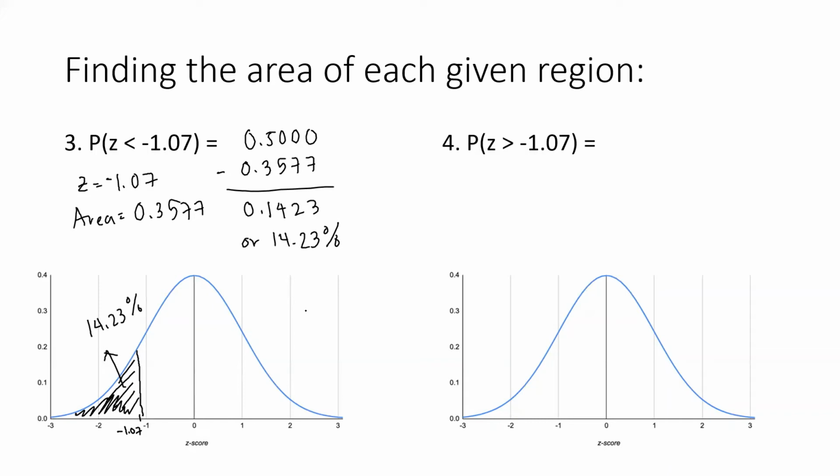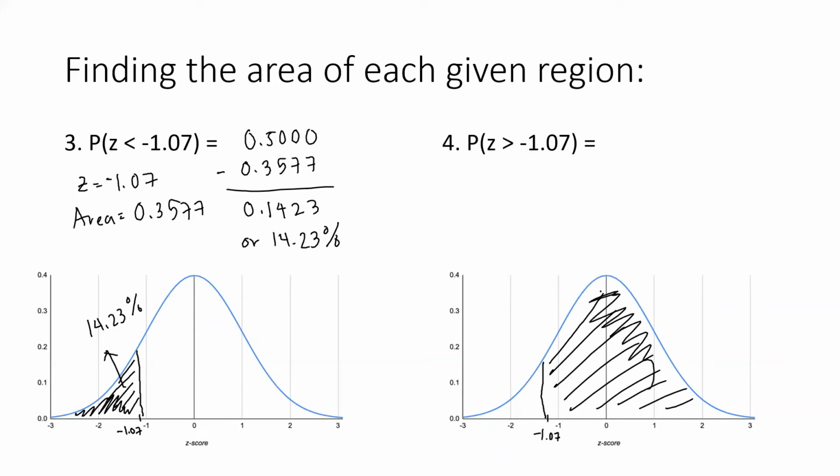So for the fourth example, which is P, wherein Z is greater than negative 1.07. Okay, so now we have the area. We're going to plot this. Since this is greater than, we can tell that the region must be shaded at the right side.